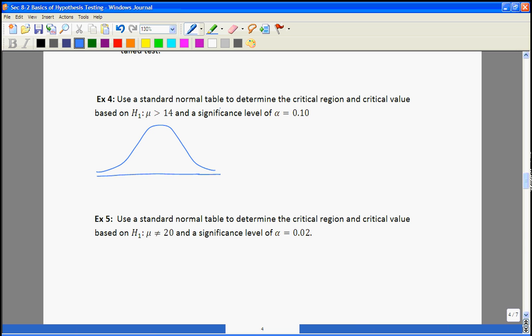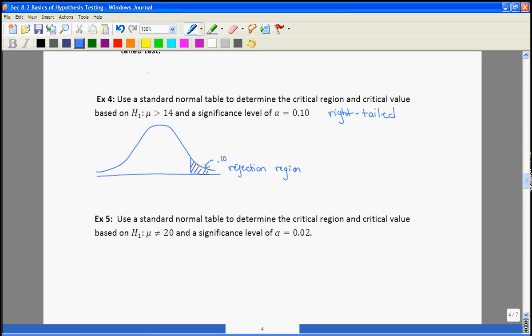And what I'm saying, and this is a right-tailed test, which we determined before since we are greater than. So what I'm saying is this area here is equal to 10%. And that is the rejection region.